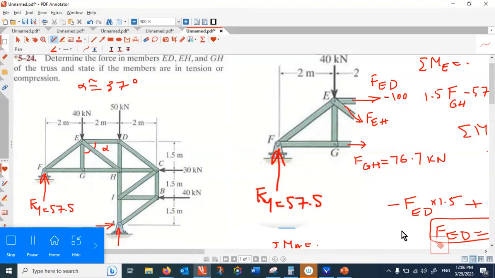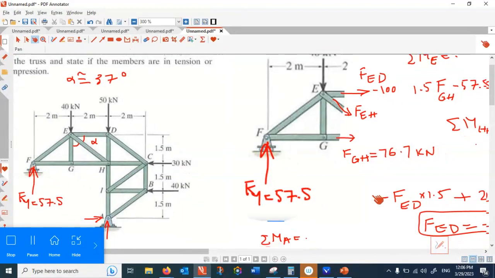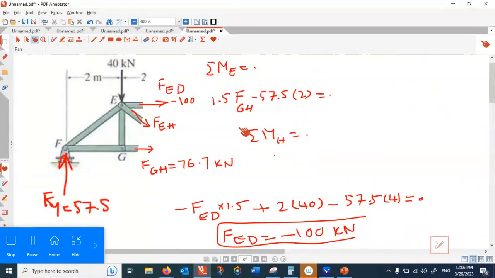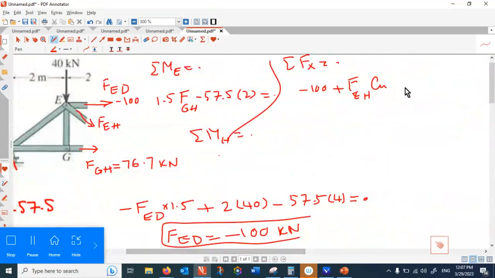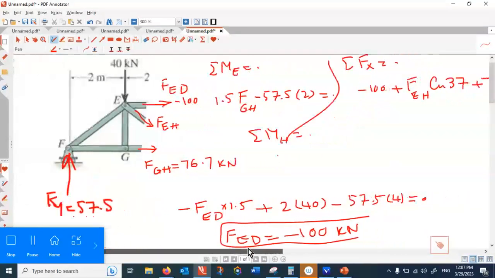And now we can write the net forces horizontally. So net forces horizontally equal to 0. That is minus 100 plus FEH cos 37, and plus 76.7. And that's it.